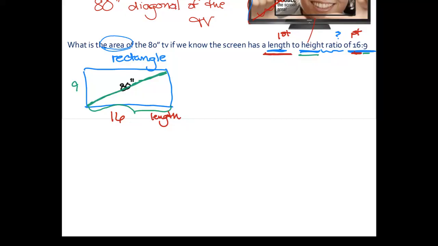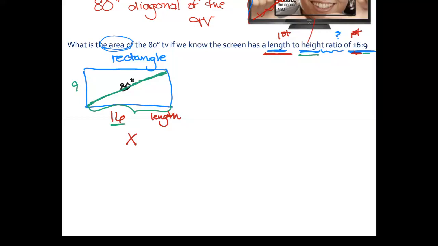So should I just call it x, the whole thing? Or do I need to tie it in with the 16? That's a good question, isn't it? Should I call this whole length here x? Or do I need to tie it in with this 16? And if this is x, what would I call the other height side?